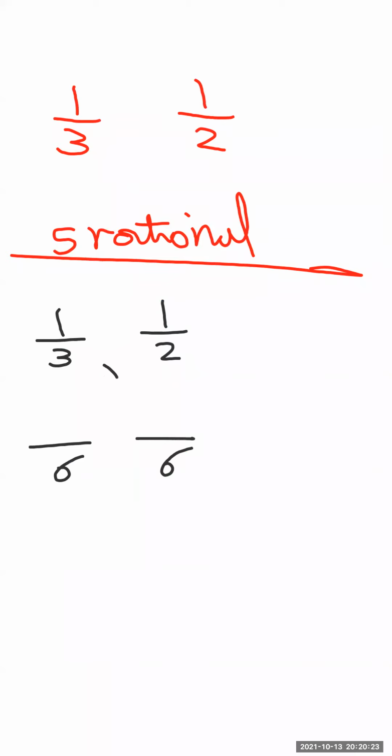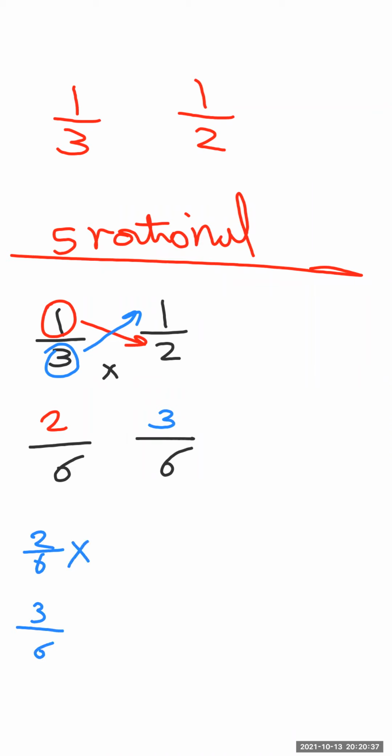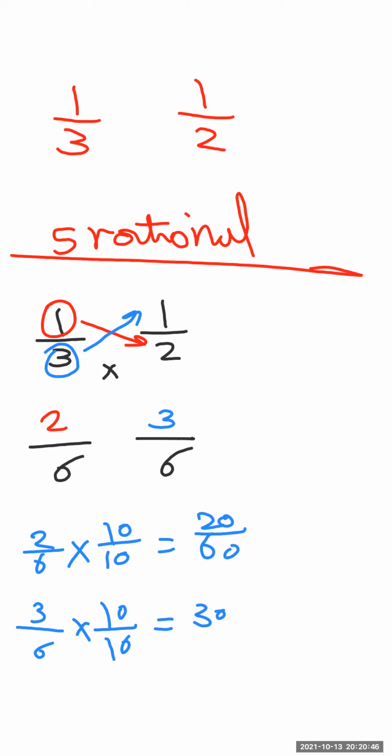The first number is 1 times 2, the second is 3 times 1. Now write 2/6 and 3/6, times 10/10 directly. It equals 20/60 and 30/60, so there are about 10 numbers here.